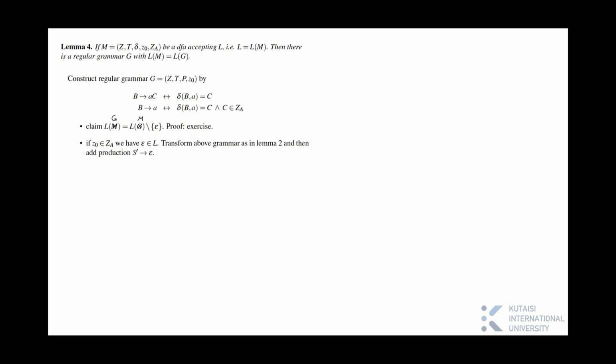So how do I construct a grammar? I do the opposite. If I have a transition function that takes from B after reading a, if I have this in my DFA, then I could create a production like this.